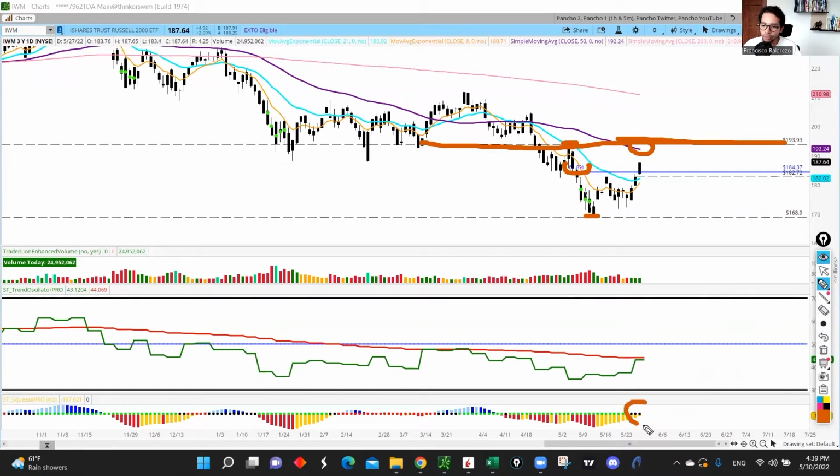And of course, you can see that we actually have a squeeze, but the trend oscillator continues to be below zero. So best case scenario, I think very similar to what we talked about in the SPY. We're going to see a test of that 50, and then perhaps we're going to retest these moving averages right here, perhaps have some tight days, and then perhaps we can move higher into that declining 200 daily moving average.